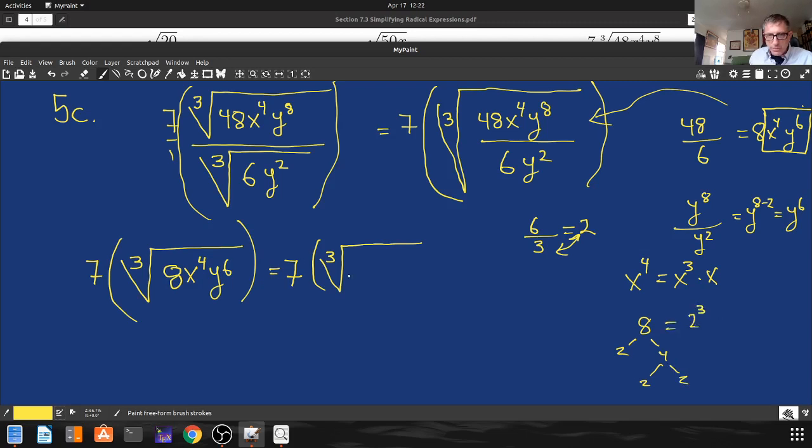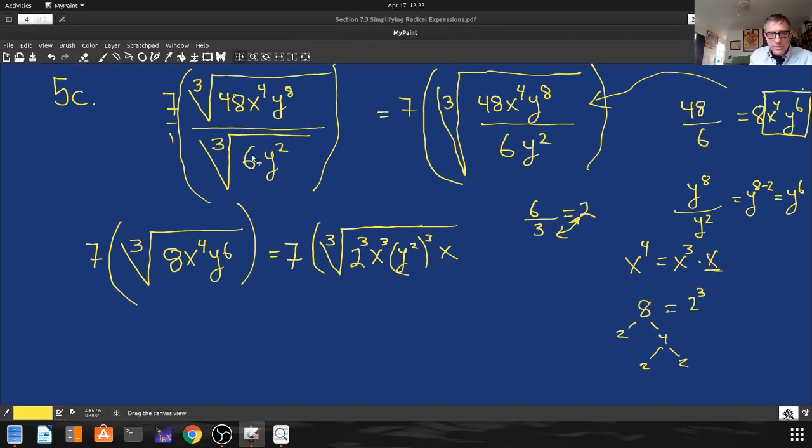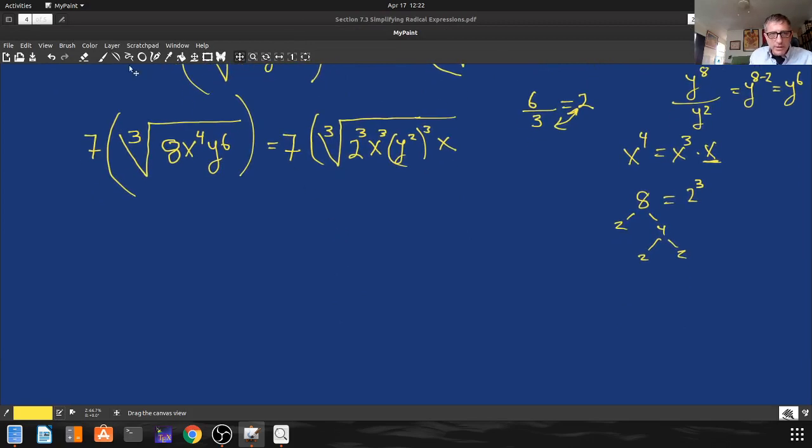Eight is 2 cubed. Now let's do x to the 4th is x to the 3rd times x. I'm going to put x to the 3rd right there next to the cube, and I'll add the x at the end. And y to the 6th is y squared cubed. And I can't forget this factor of x right there. Moving on.